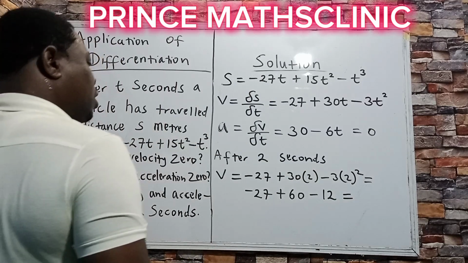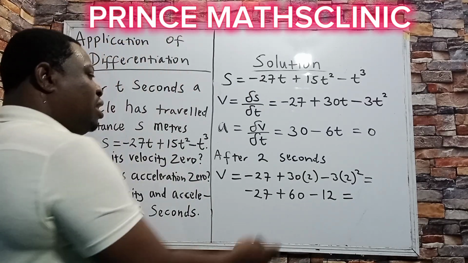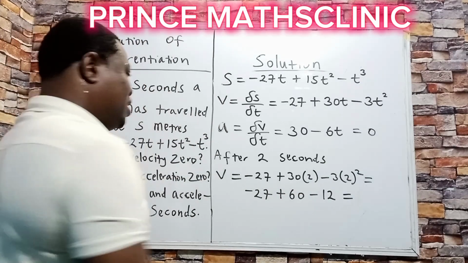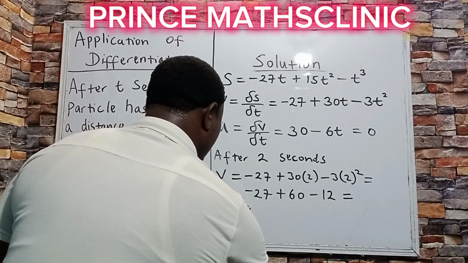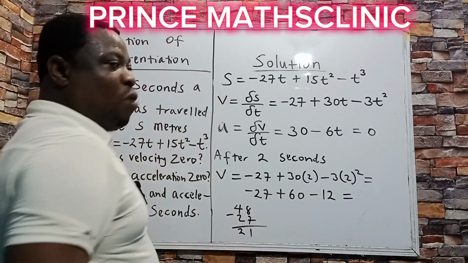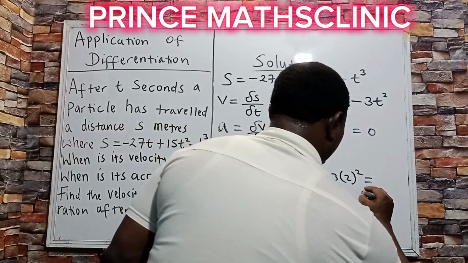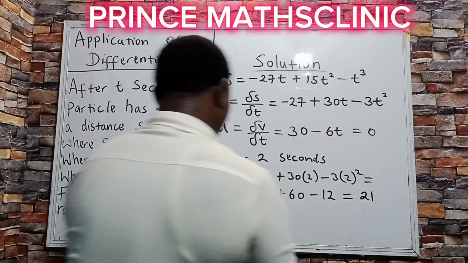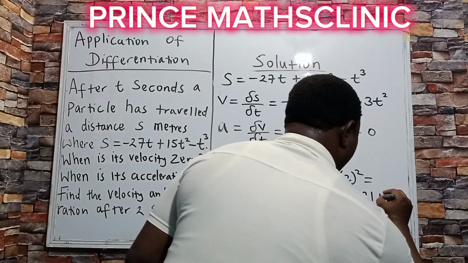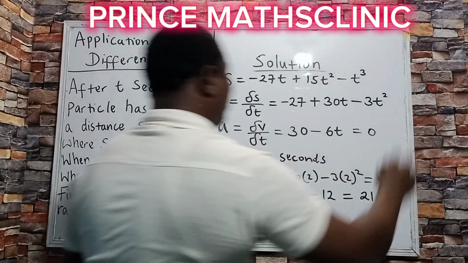Now, let's take it systematically. 60 minus 12 will give you 48. And if you take away 27 from 48, you will get positive 21. So this gives us 21, and the unit for velocity is meters per second.